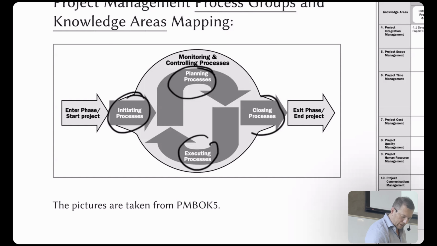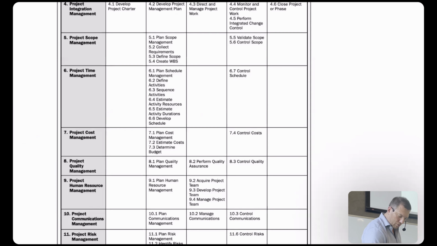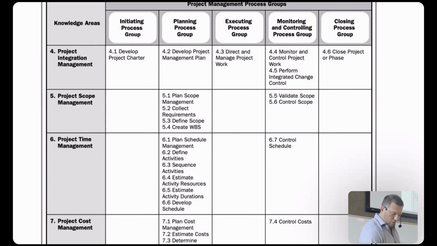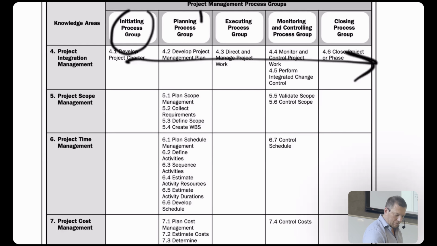And then at some point of time you close. And you do this with all the aspects of management, with scope management, with time management, with stakeholder management. So they divide the entire management into these 2 dimensions. Horizontally, in this way, they have, like I said, initiating, planning, executing, monitoring, and closing.